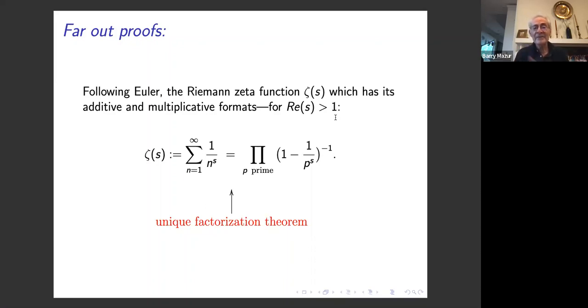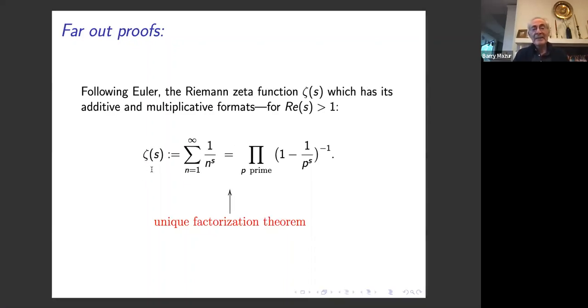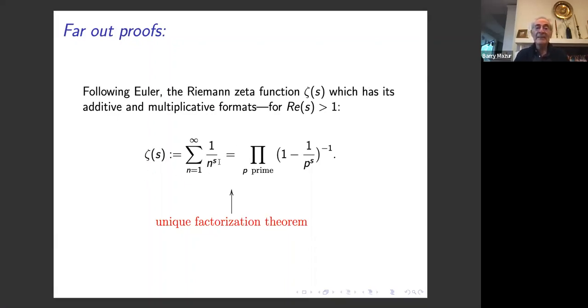You can just let s be a real number, and that's all I need. So the Riemann zeta function at any number s is expressible as the sum of the reciprocals of the s powers of all integers.